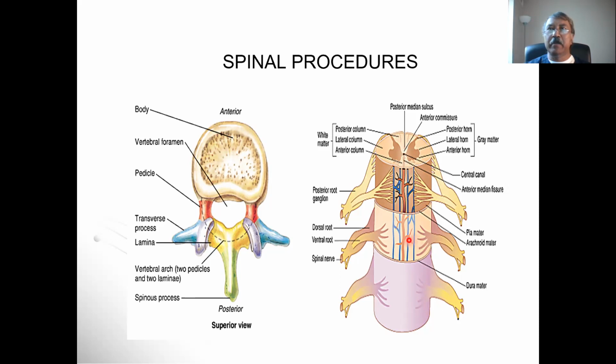In between, you'll find blood vessels running, which we call subdural blood vessels, and they are bringing in nutrients and transporting sugar and oxygen for the brain and spinal cord.